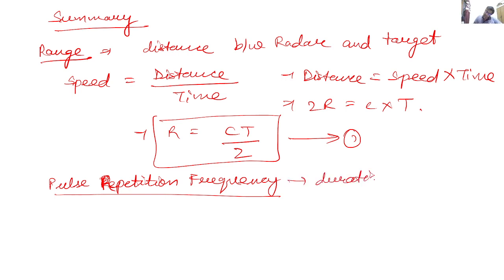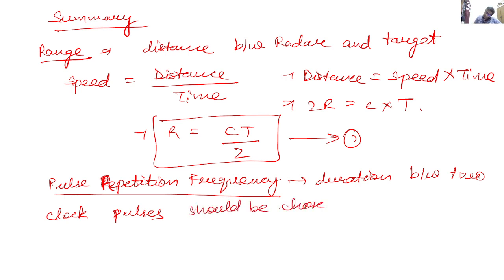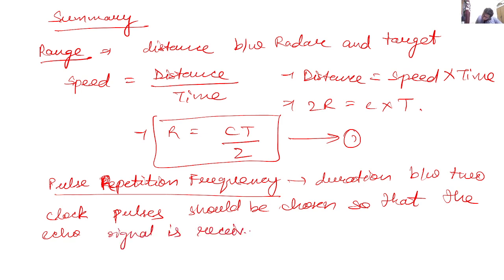So the duration between two clock pulses should be chosen so that the echo signal is received before the next clock pulse.